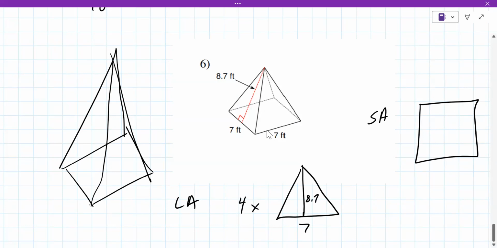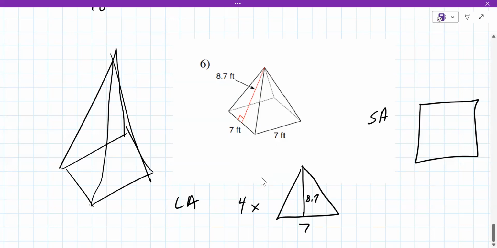So would I just do 7 times 8.7 and then times that by 4 for the lateral area? You have to divide by 2 first. So 7 times 8.7 divided by 2 gives me 30.45. Then you times that by 4, which gives me 121.8 feet squared would be the lateral.